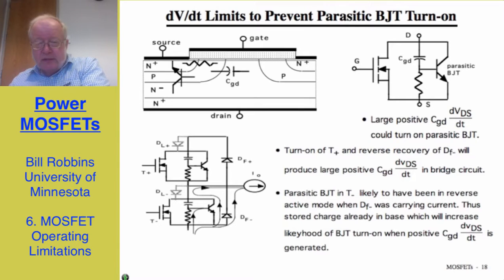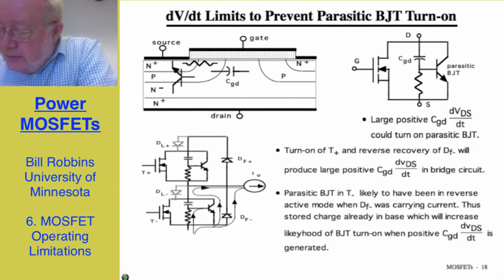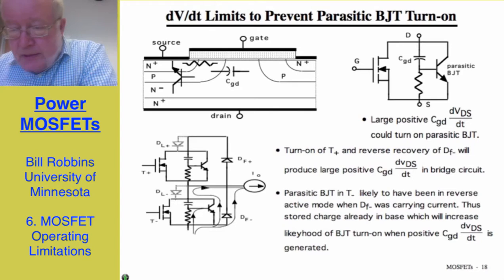The problem is illustrated in the figures in the upper part of the slide here. On the left hand side I show the vertical cross section of the MOSFET, and in particular the gate to drain capacitance and a resistance, particularly the resistance of the body region that connects the body region to the source. An approximate equivalent circuit of this is shown.